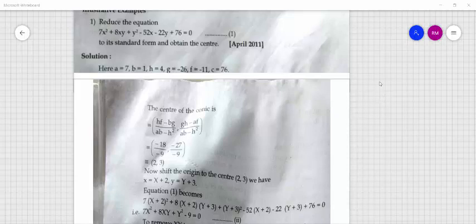Here the coefficient of x is not 0 and the coefficient of y is not 0. First of all, we can observe the nature of this equation by taking the term h square minus ab.